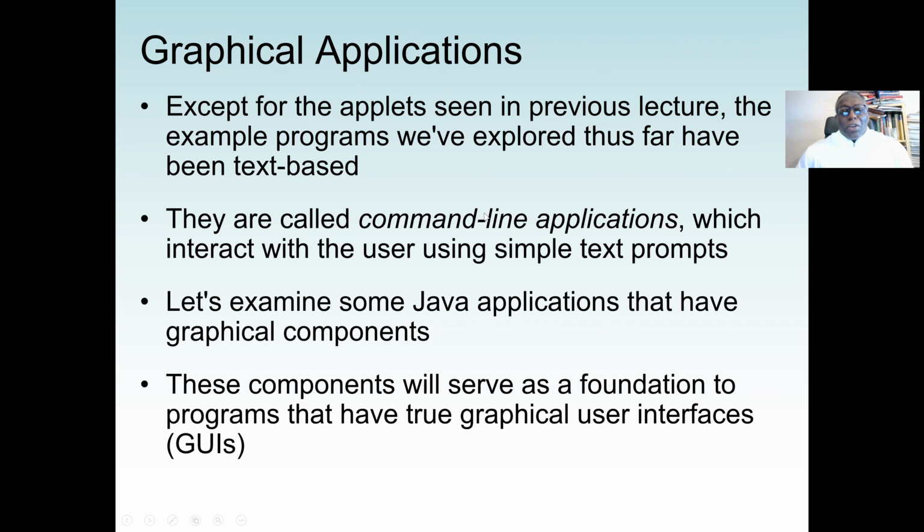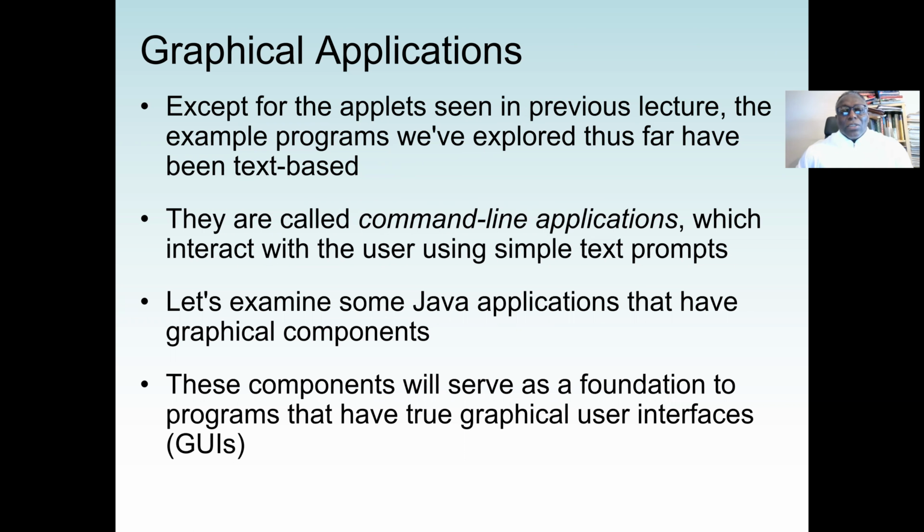We don't have any graphics or art, except that we have gone through a few applets. An applet is also a graphical user interface whereby we were able to draw a few images. So in this section, we will go into more detail on Java applications using GUI.